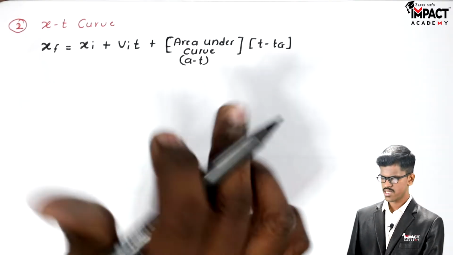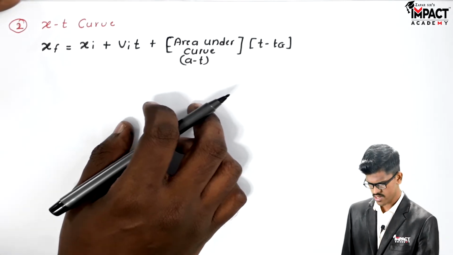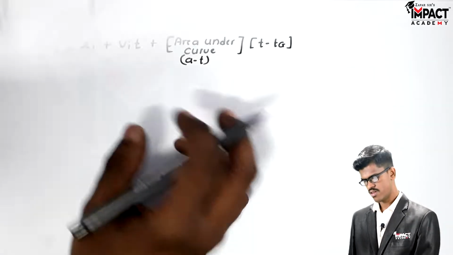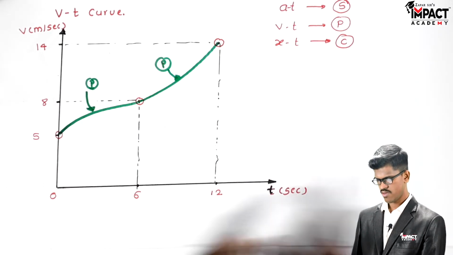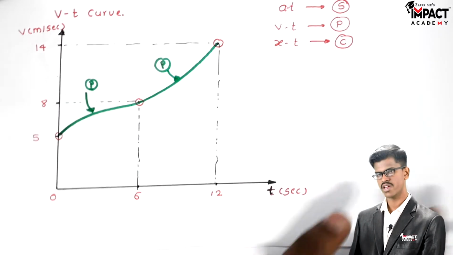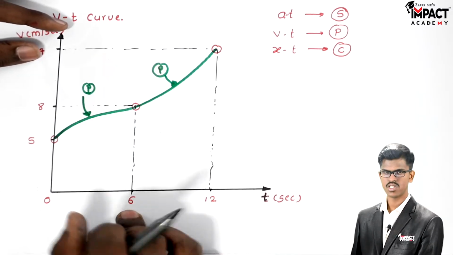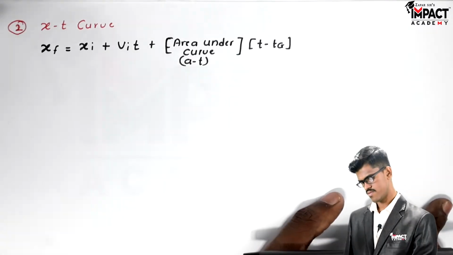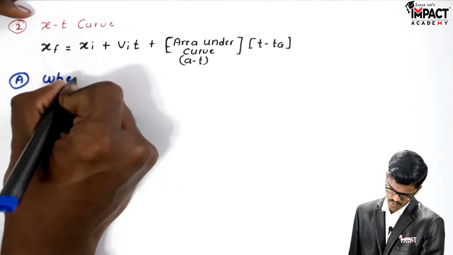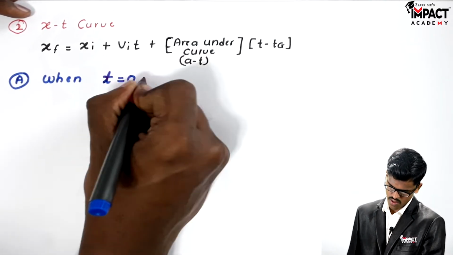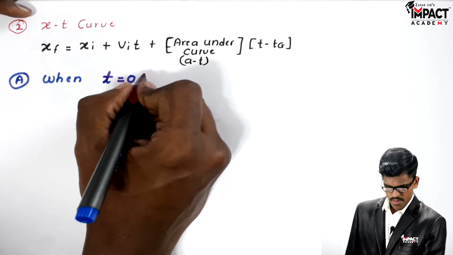Okay, so let's start. First we find x naught, x6 and x12 when t is equal to 0 second.